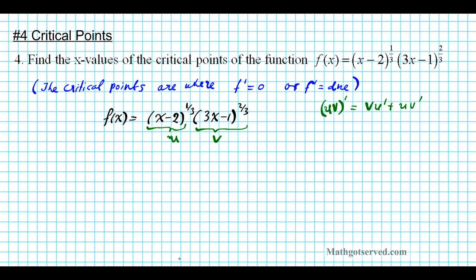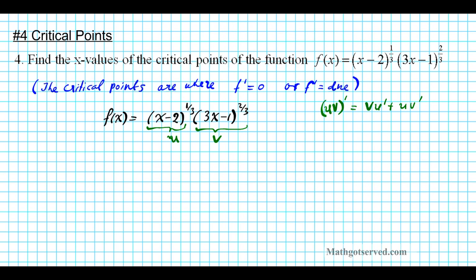Okay, one thing you want to note is that these two functions that we're multiplying together are composite functions. The inner function here is x minus 2 and the inner function here is 3x minus 1. When looking for the derivative of composite functions, what rule do you use? You have to use the chain rule. So we are using the product rule and the chain rule within the product rule in finding the derivative of this function.